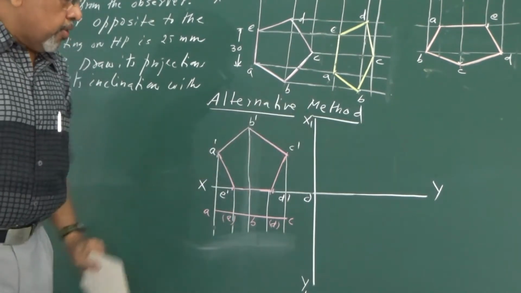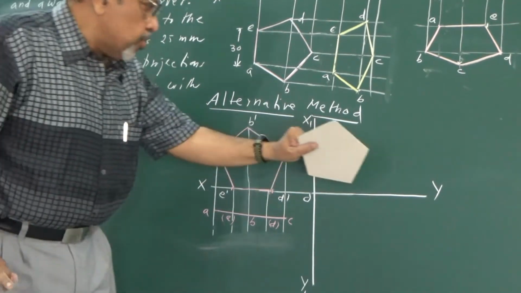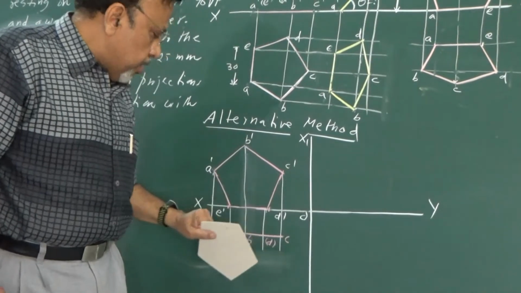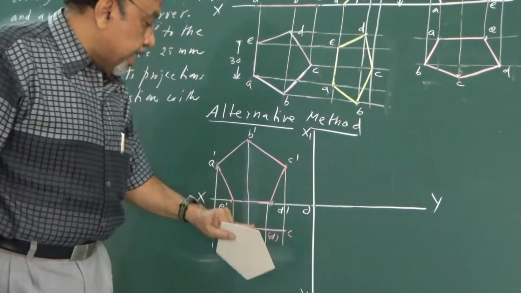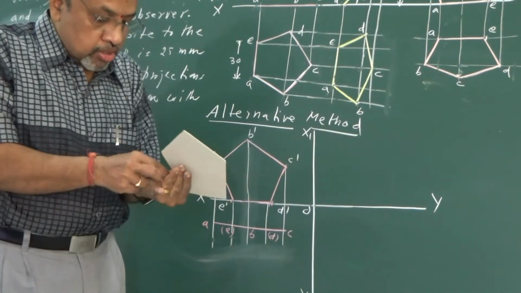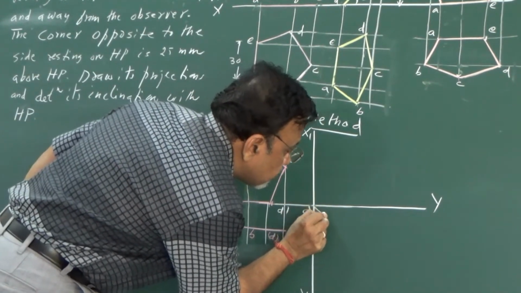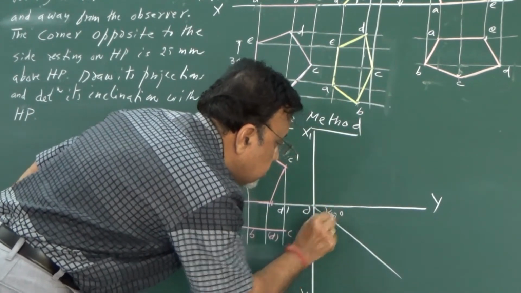Now I want to draw the corresponding side view. How to draw the side view? Remember, the side view will be in line with the front view, and wherever you have the top view, I should draw this 45 degrees line so that I can transfer these VP distances. That's what we have seen. So draw this 45 degrees line here. Remember, it always has to be 45 degrees.